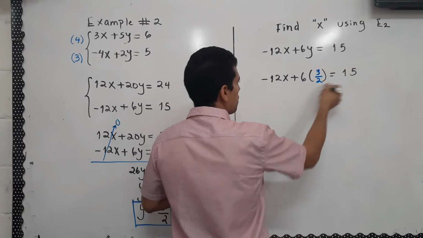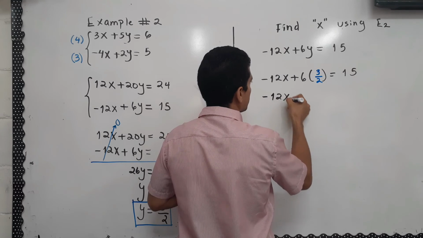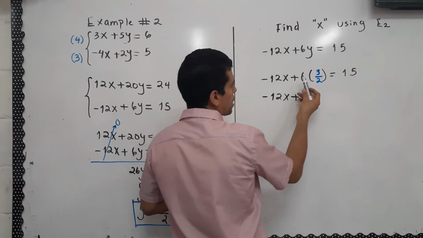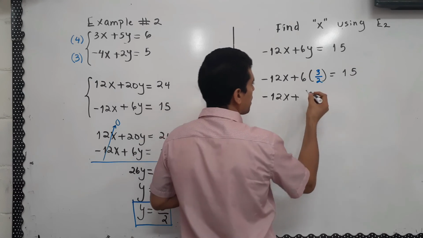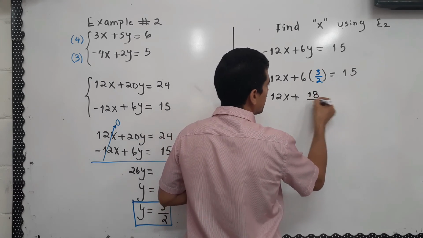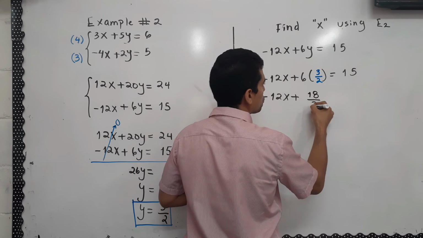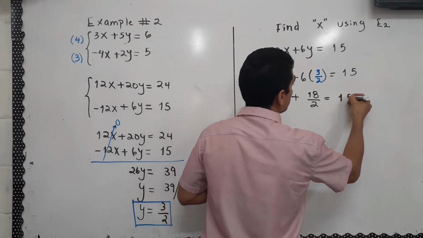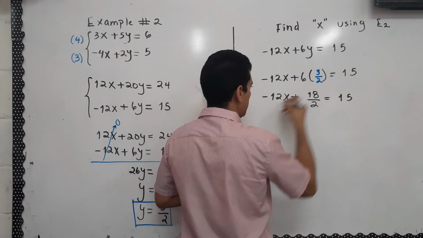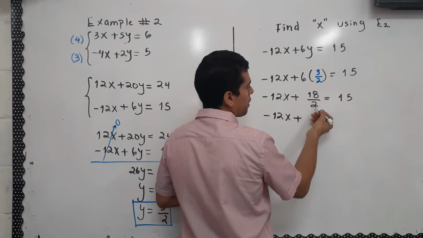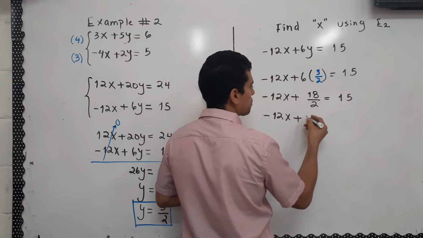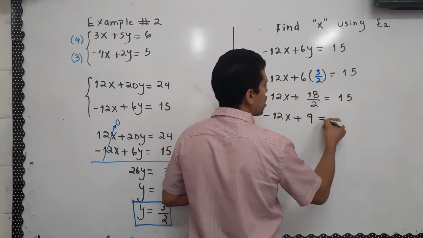Then we solve this part: negative 12x plus, here, 6 multiplied by 3 is going to be 18, and 1 multiplied by 2 is 2, equal to 15. Then we can simplify that: negative 12x plus 18 divided by 2 is a division, so it's going to be 9, equal to 15.